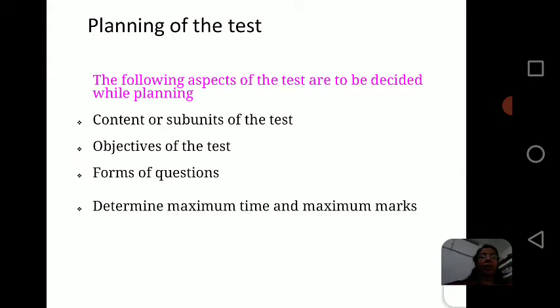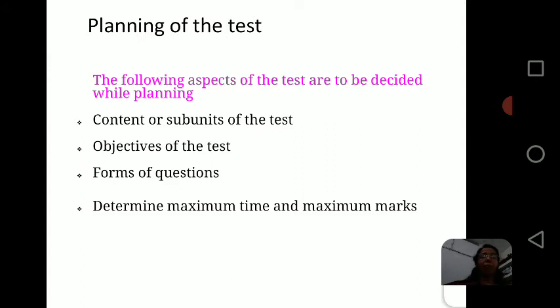Then let me explain the objectives of the test a little bit in an explanatory manner. Objectives of the test is a technical term in pedagogy. It means the aims of the test, and it has to be scientifically defined in behavioral terms. Behavioral terms means the learning, or the education, is visualized in this context as behavioral change.